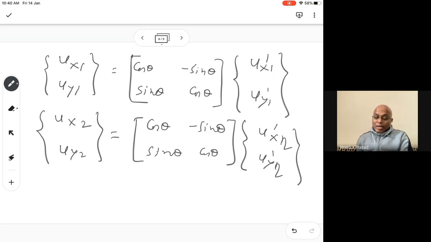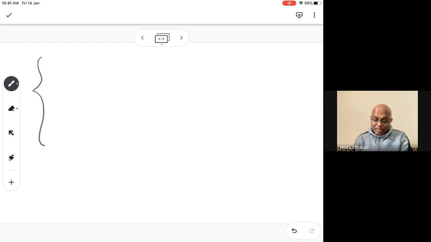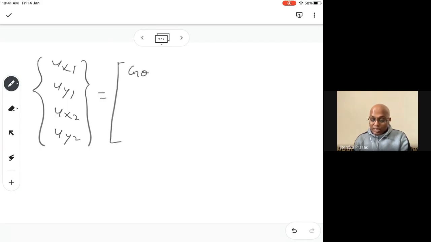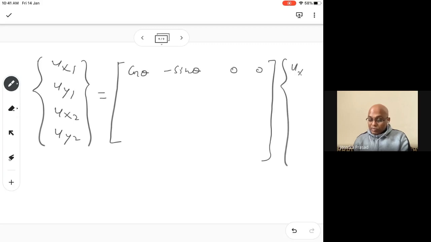Okay, you can combine them together as well. We can write like this: ux1, uy1, ux2, uy2 is equal to, and you will have cos theta minus sin theta 0 0, then sin theta cos theta 0 0, then 0 0 cos theta minus sin theta, and 0 0 sin theta cos theta, times ux1 dash, uy1 dash, ux2 dash, uy2 dash.